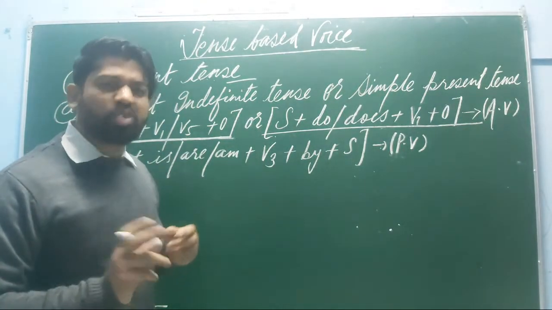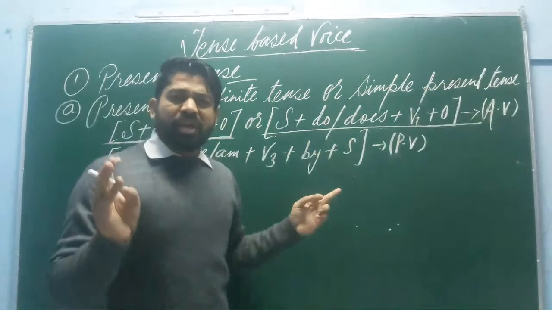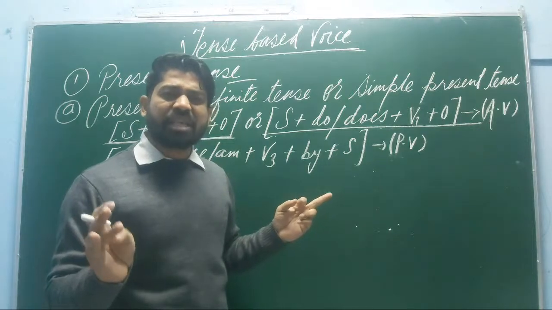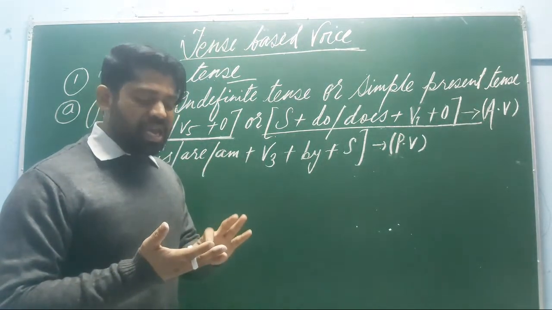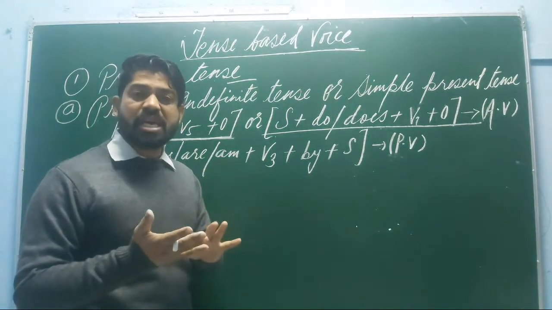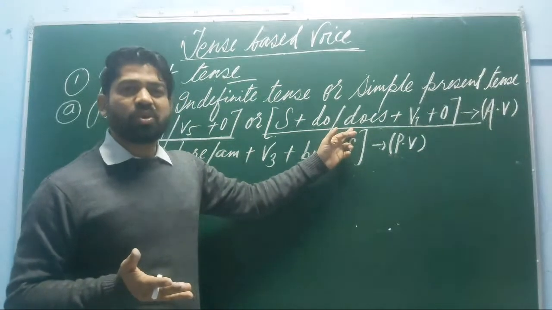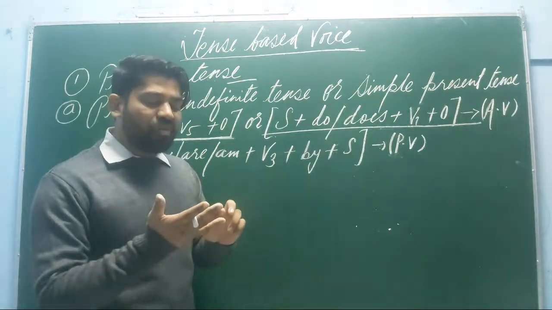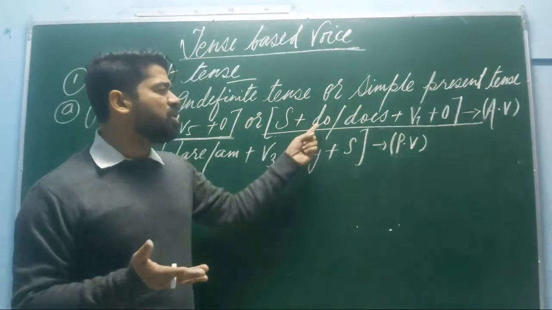Once again I am going to remind you: in third person singular number, he, she, it and a single name come. Once again I am repeating it, he, she, it and a single name come. So along with he, she, it and a single name, what will you use? You will use does. And along with I, we, you, they and a plural name, what will you use?